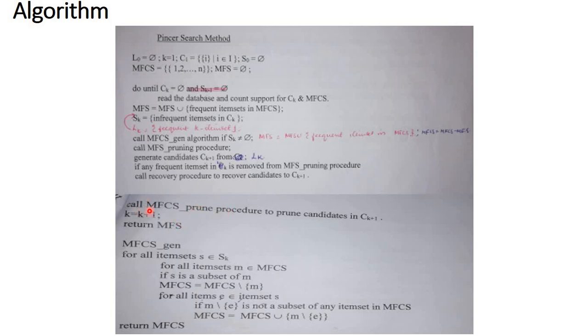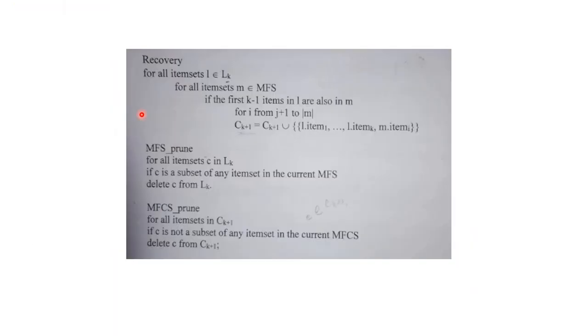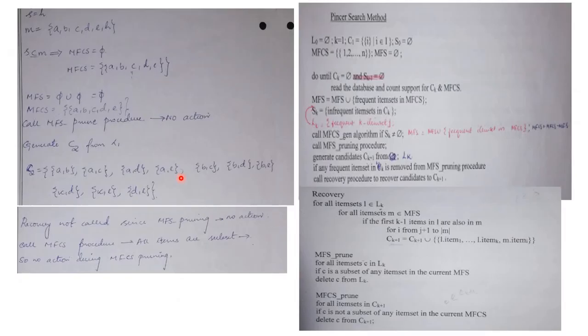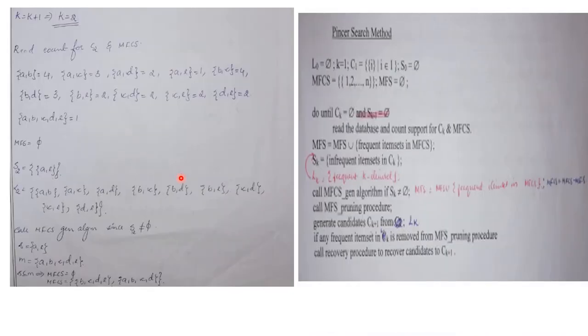Next we have to increment K, and then go back to the do while loop, where I check whether CK is equal to null. My C2 is not equal to null, so I go inside the loop and read the count for the item sets in the database. Also I read the count for MFCS.